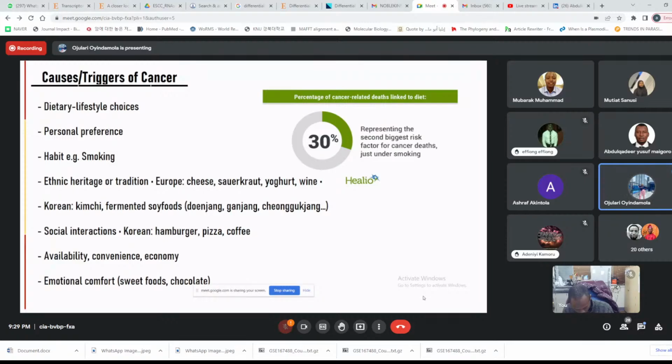If rice is available 3 times a day, 7 times a week, 4 weeks a month, 12 months a year, they are ready to just eat it. And for some people, it's convenience. Some people, it's the economy. And so many factors contribute to what kind of dietary choices and lifestyle that we make.